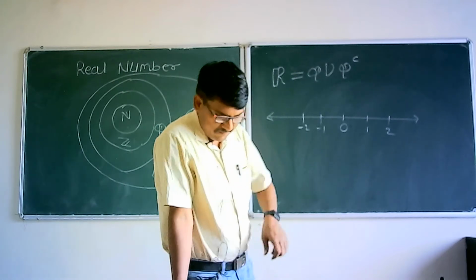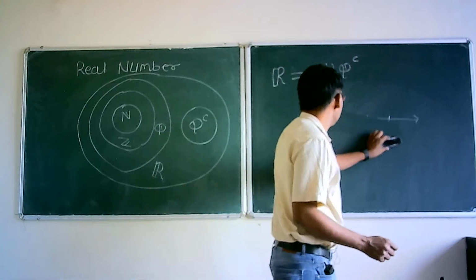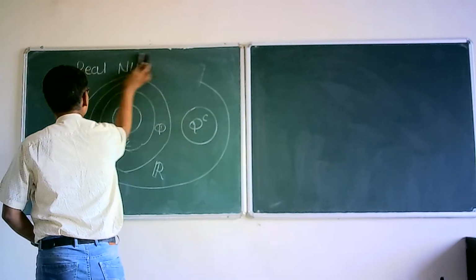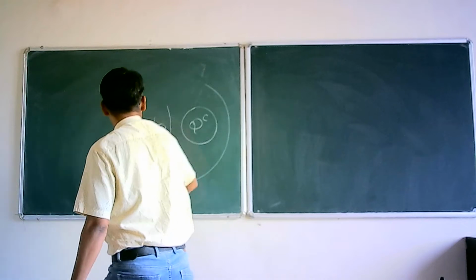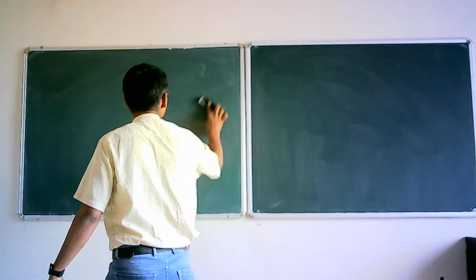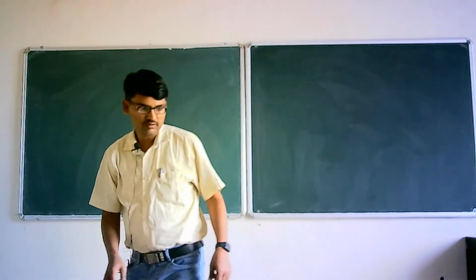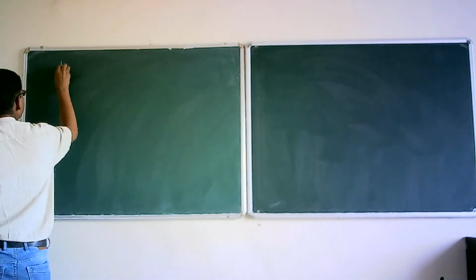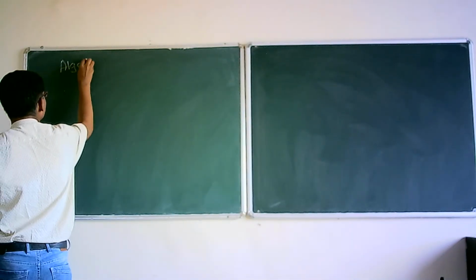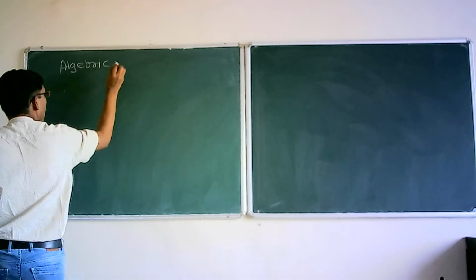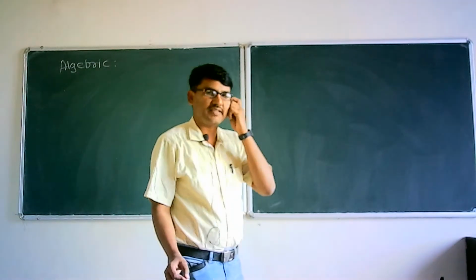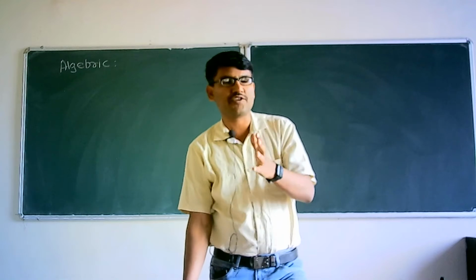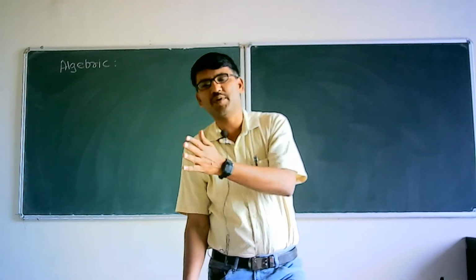Now there are some properties of real numbers. First, algebraic properties. a plus b is the same as b plus a. If you take any two real numbers and add them, a plus b is the same as b plus a.